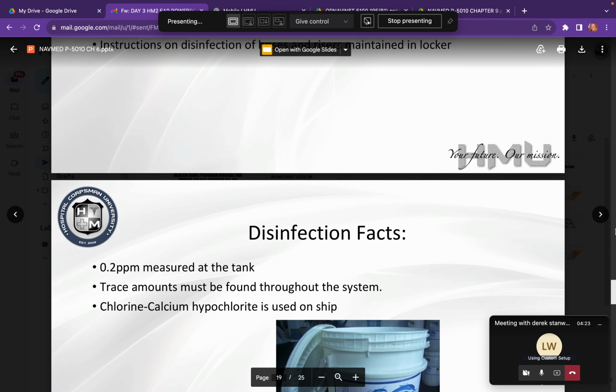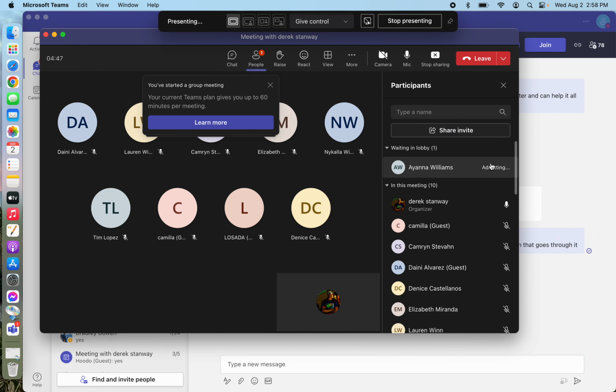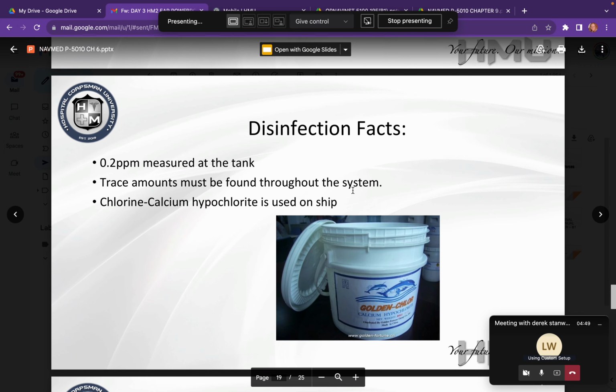Alright, disinfection facts. When you test the water for free available chlorine, it'll be at 0.2 parts per million measured at the tank. Trace amounts must be found throughout the system. And on ship, they use chlorine, calcium hypochlorite. It's a type of bleach. Alright. Disinfection.